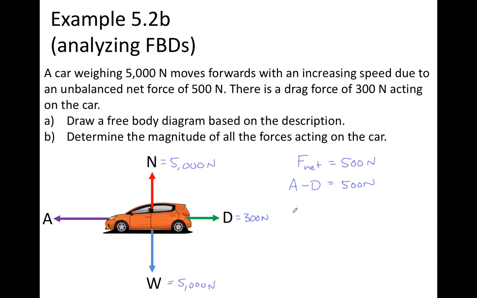Well, we know the value of the drag force is 300 newtons. And so the applied force acting on the car has to be 800 newtons. So there's 800 pushing forward, 300 pushing backwards, resulting in a net total force of 500.